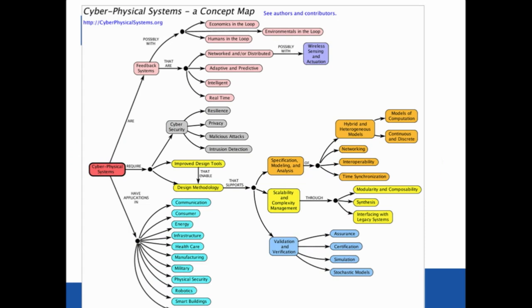UC Berkeley had a strong role in developing the concept of CPS. If you Google a concept map, you will have one view of how you navigate CPS. And this actually continues down here. I don't know how readable it is.